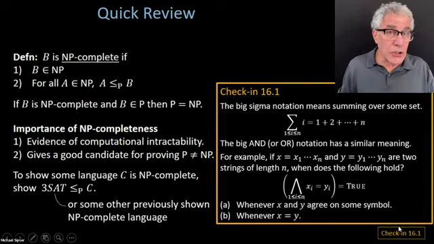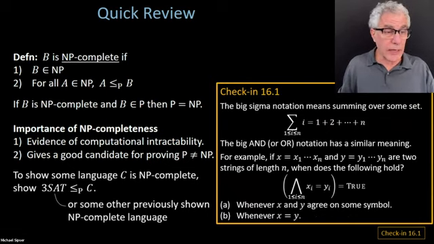If that big AND is true, what does it tell us about x and y? I'm going to offer you two possibilities: either x and y agree in some symbol, or they are equal, namely that they agree on every symbol. And so let's just pull that up as a quick poll to get us going here.